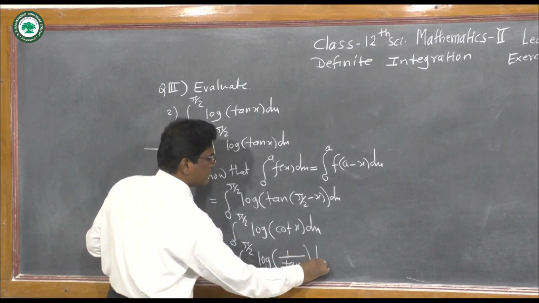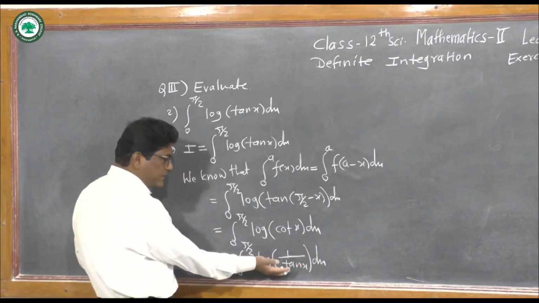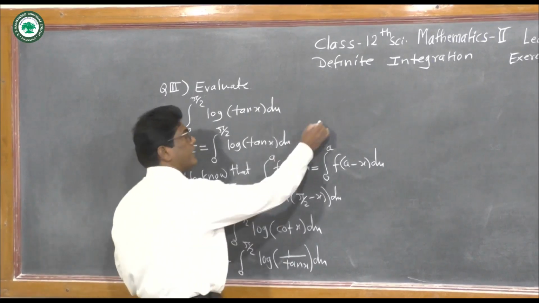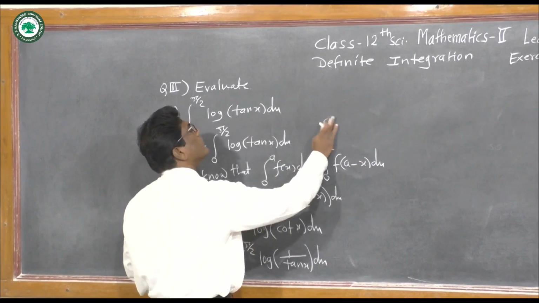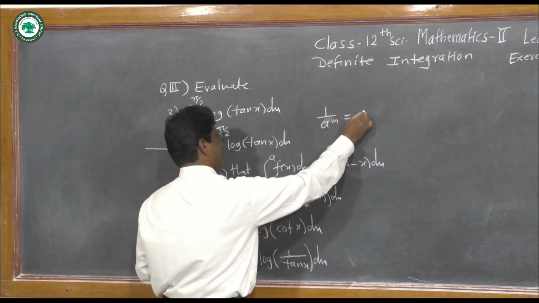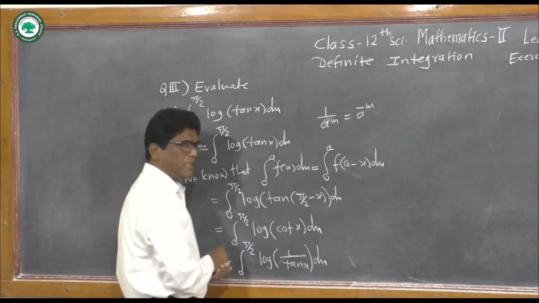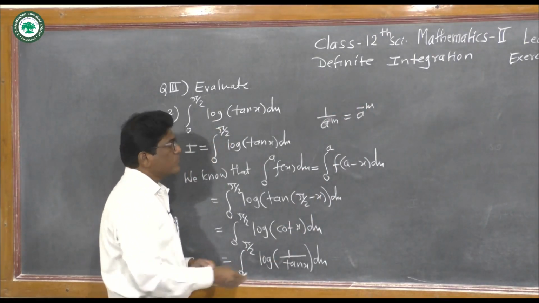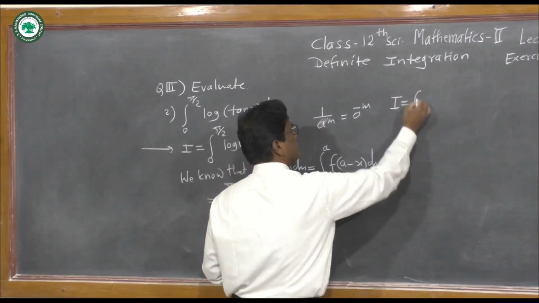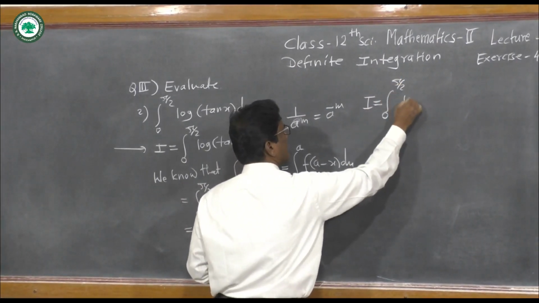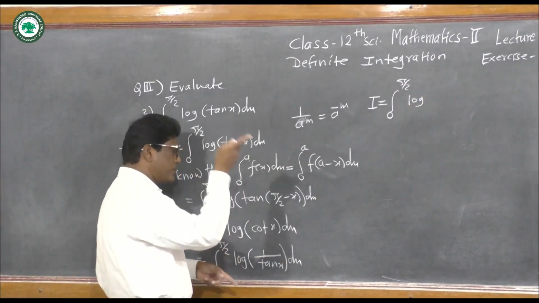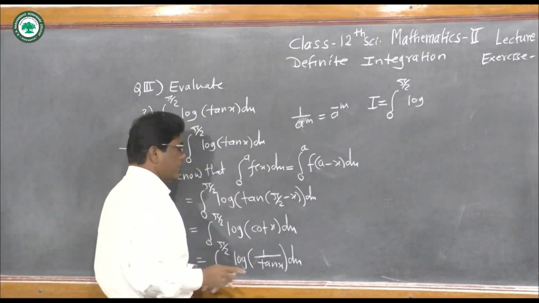Now we shift this tan x to the numerator using the rule of indices. We know that 1 upon a to the power m, we write it as a to the power minus m. Using this, the required integral I becomes I is equal to integration 0 to pi by 2 log of, now here 1 upon tan x we write tan x to the power minus 1, using this formula.